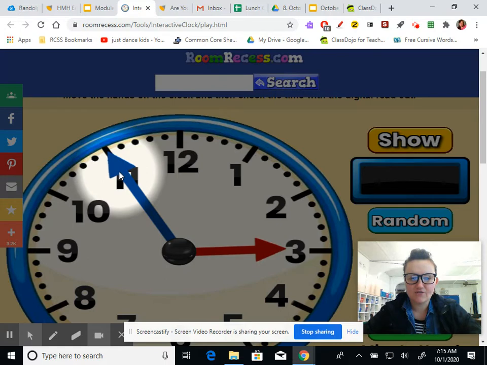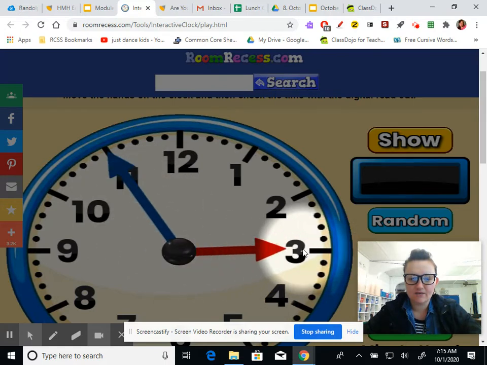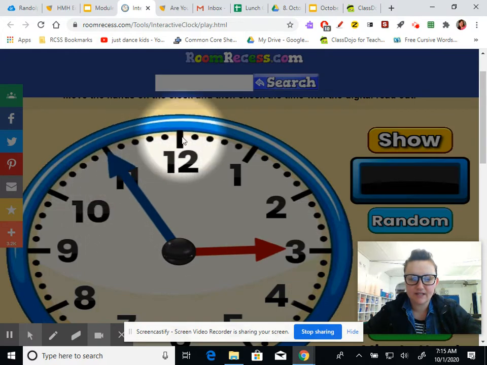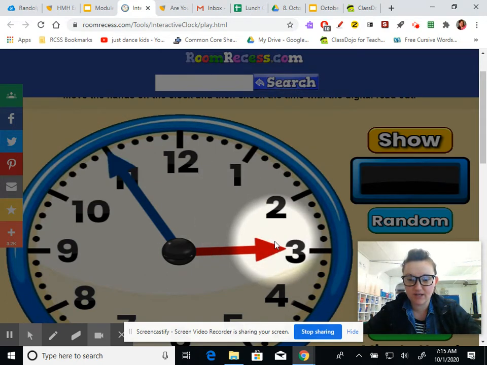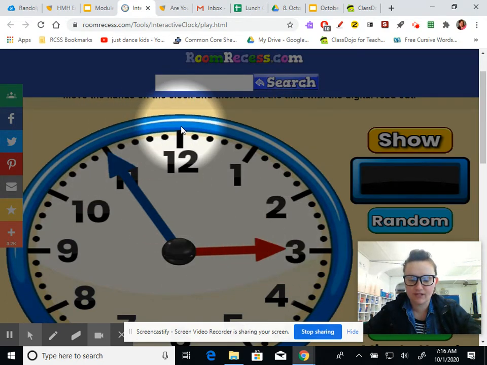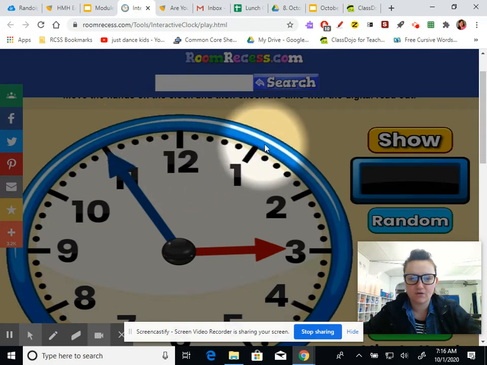Okay, so 55. So that's the minutes. Now is it at 3 o'clock yet? No. So it's 2:55. Even though it's pointing at the 3 right now, it hasn't gotten to 3 o'clock yet, because remember, the 12 is o'clock.